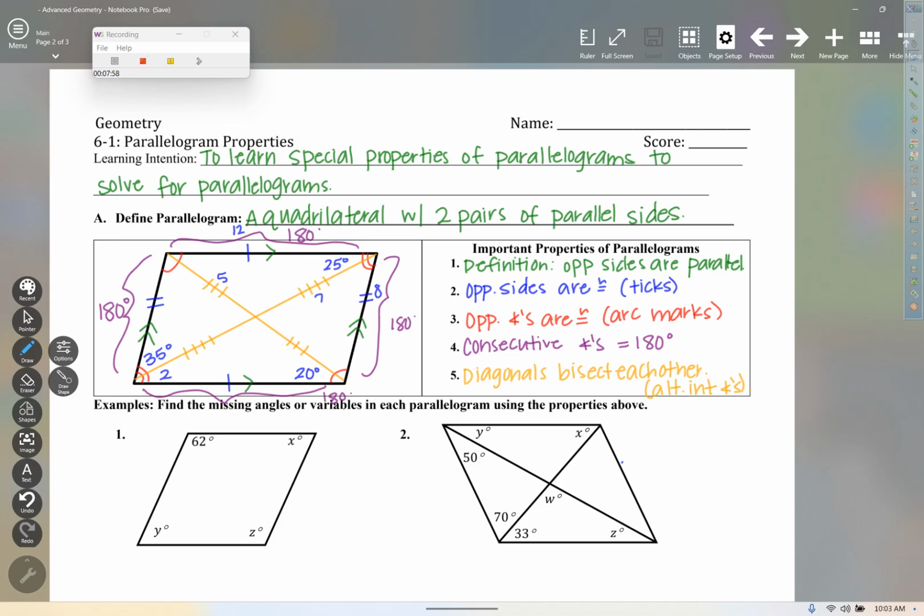And then we have this triangle right here. If you all can see it, well, triangles equal 180 degrees.